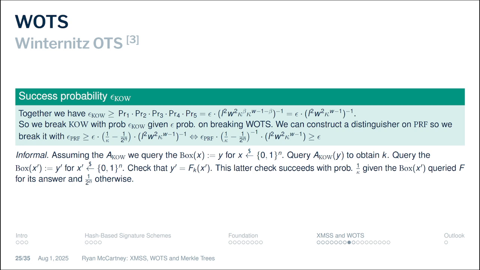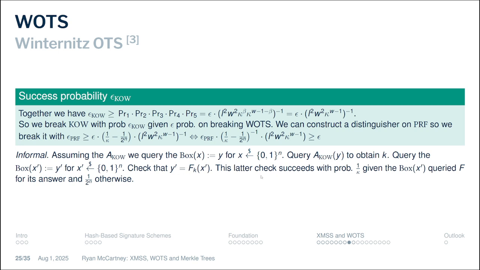But most importantly, we get this K, and now we can again query this box on some X prime and Y prime. Again, X prime being chosen as a random n-bit integer, and Y prime is the output of the box. And now we can do this check. And this check has some interesting probability properties.